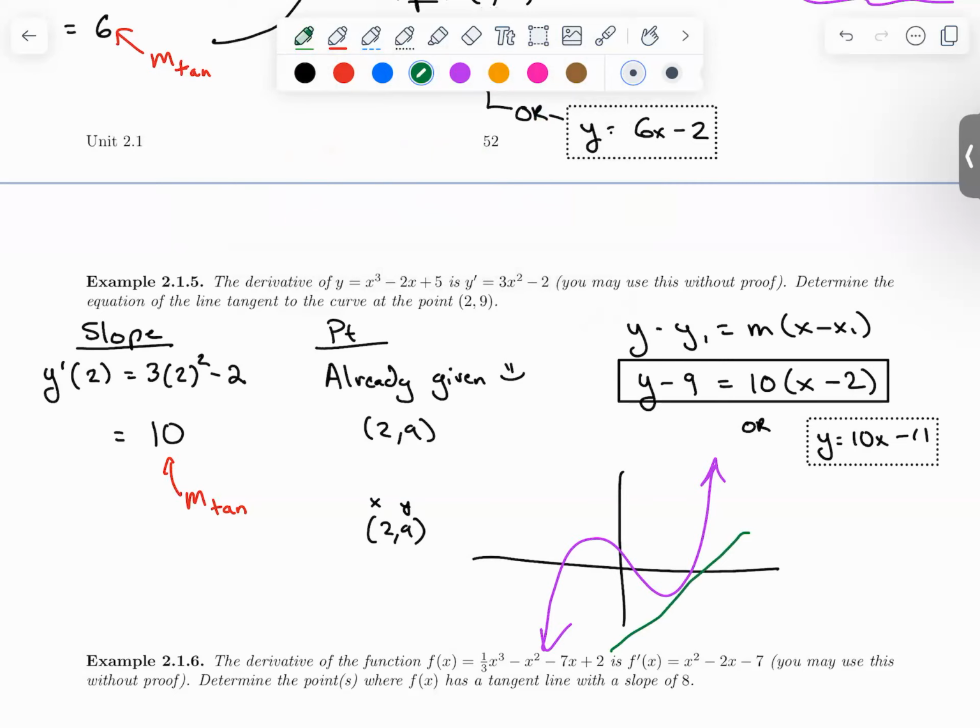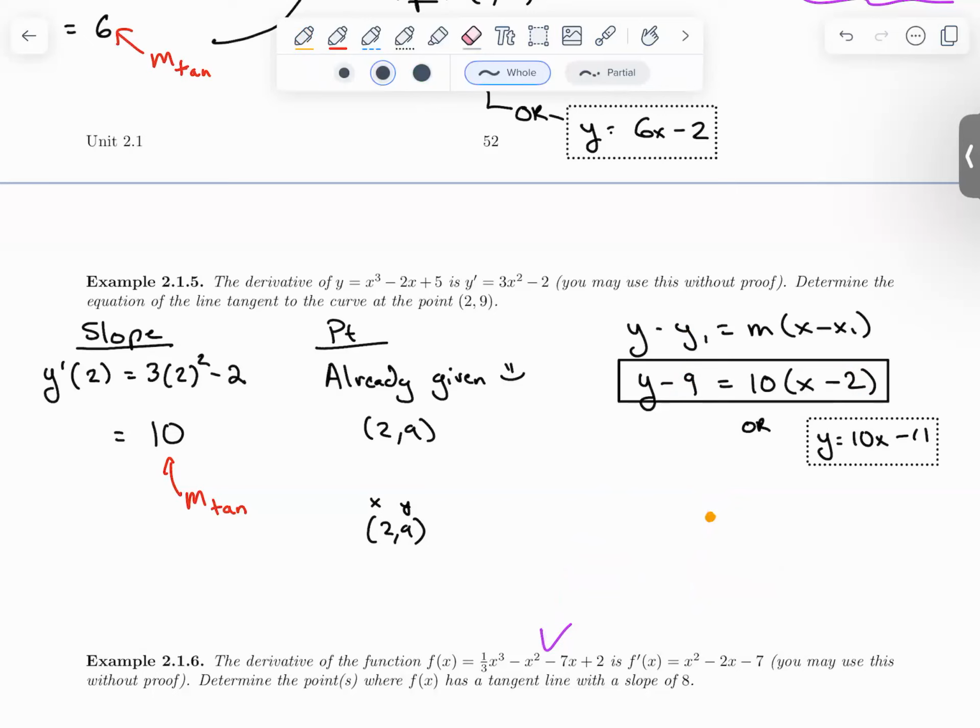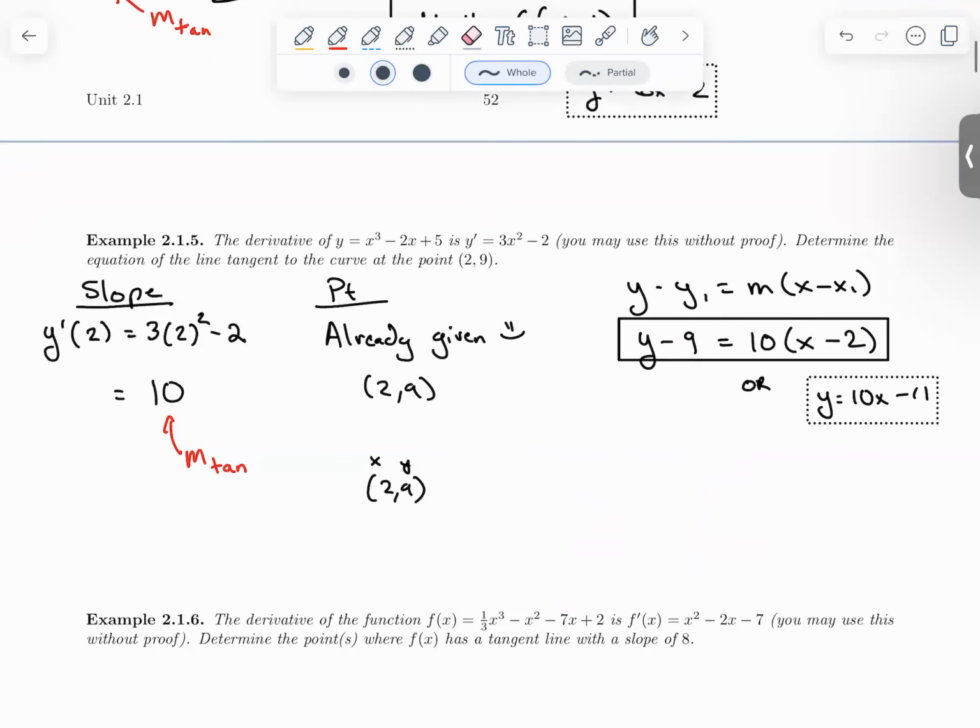Whereas with this format, it tells me exactly the point, (2, 9), because it has the point listed, the x value and the y value. So it tells me, okay, it's right here, and the line has a slope of 10, so I can draw it. That's the reason why I really like it, it tells you immediately where the tangent line is occurring in relation to the graph. That's another reason why. So anyways, any questions on that?